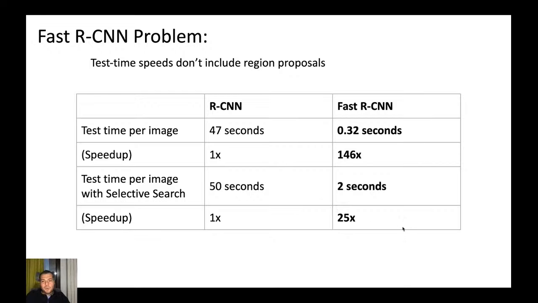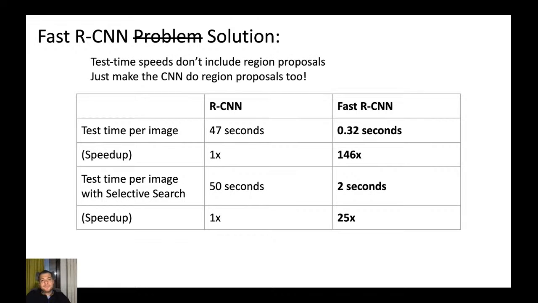So the actual improvement is about 20 times instead of 146 times. Still, 2 seconds per image is reasonable, but if you want to do real-time object detection, you cannot apply this framework.